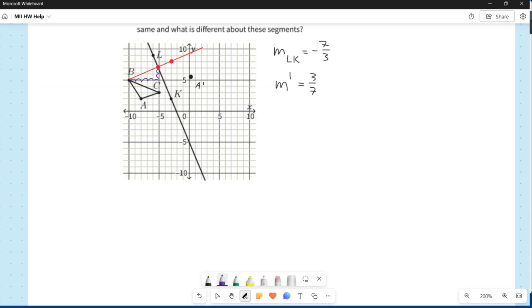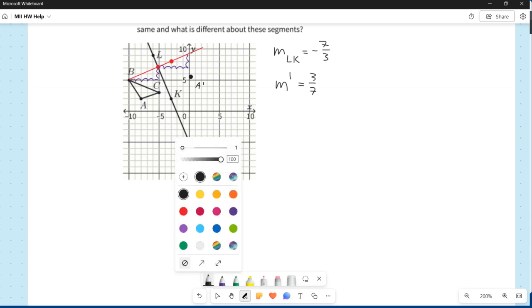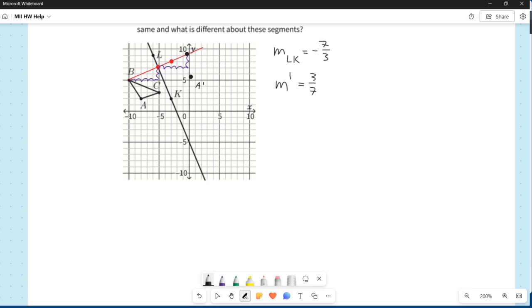So let's do that again. From here, we're going to go over 1, 2, 3, 4, 5-ish. And then 2 and maybe a little bit more. So 1, 2 brings us to right there. And so when all is said and done, my reflected point for B is going to be right there.